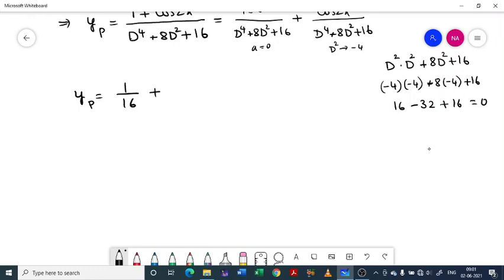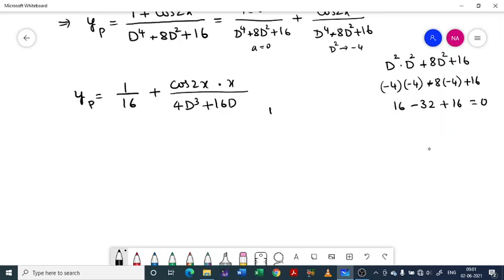So you are getting 0. So you cannot replace d square by minus a square to get the solution. Instead of that, you have to differentiate the denominator. So cos 2x into x divided by, differentiating the denominator, 4d cube plus 16d.